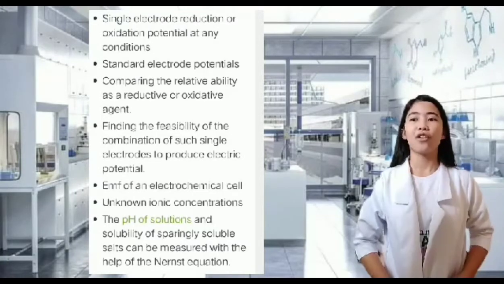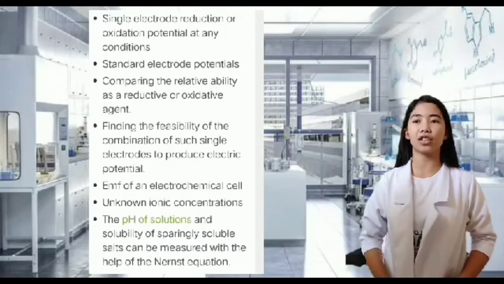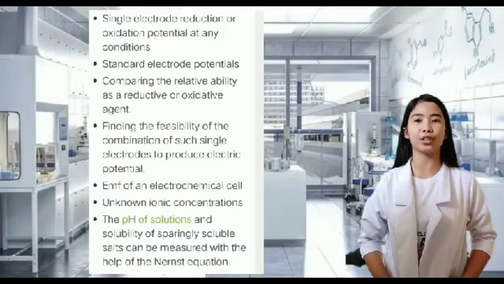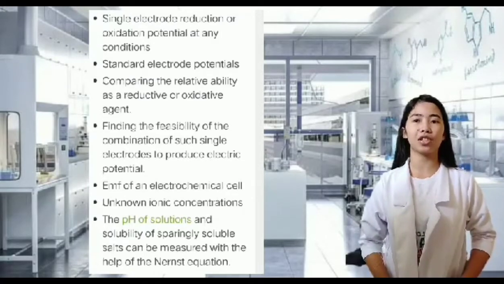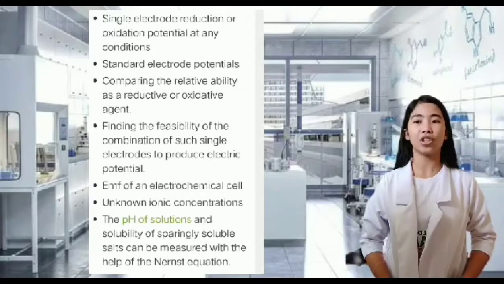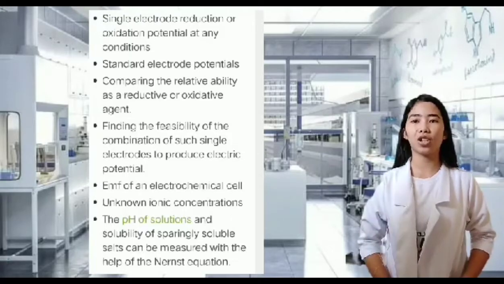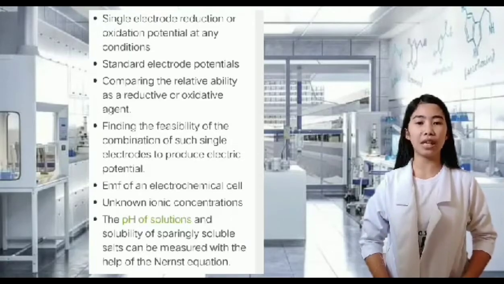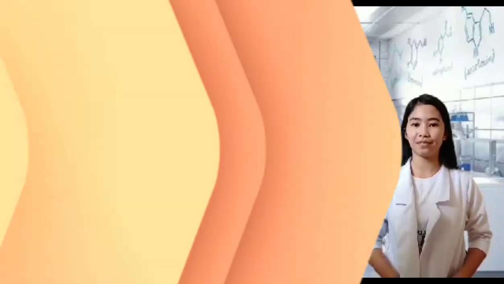Number 4 is finding the feasibility of the combination of such single electrodes to produce electrical potential. Number 5 is the EMF of an electrochemical cell. Number 6 is the unknown ionic concentration. And last but not the least, the pH of solutions and solubility of sparingly soluble salts can be measured.